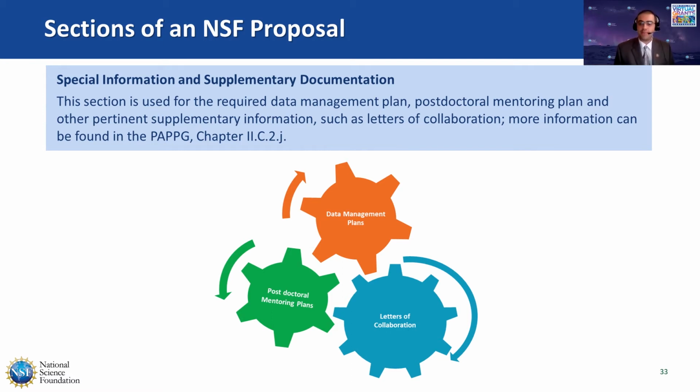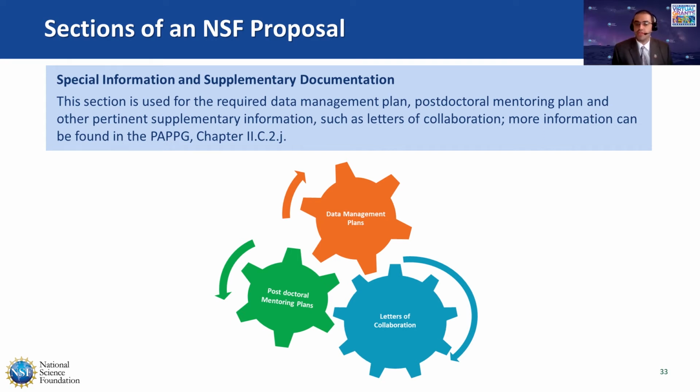And the next part that I wanted to talk about is related to the special information and supplementary documentation. This section is used for the required data management plan, for the postdoctoral mentoring plan, and other pertinent supplementary information such as letters of collaboration. The PAPG Chapter 2 has a very clear description of each of these things.